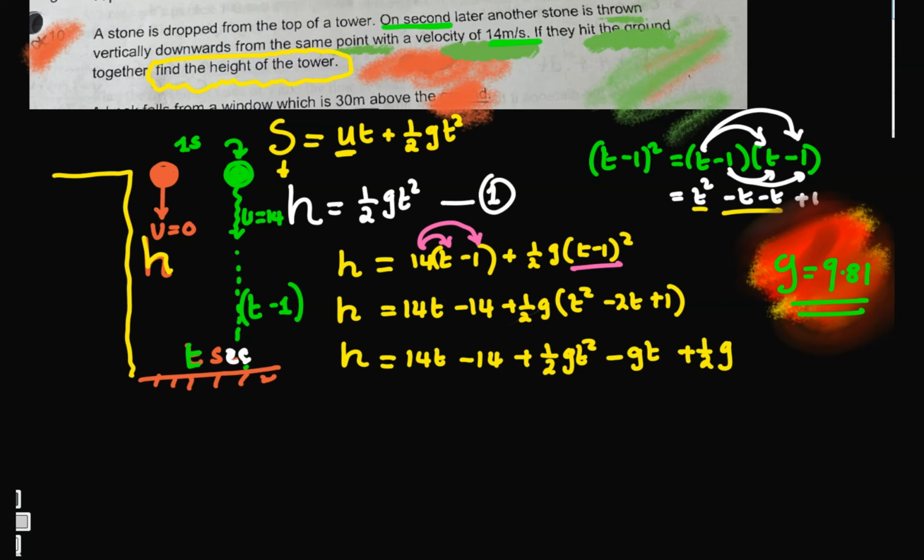So basically, when we continue working this out, let us substitute the value of g. h equals 14t minus 14.